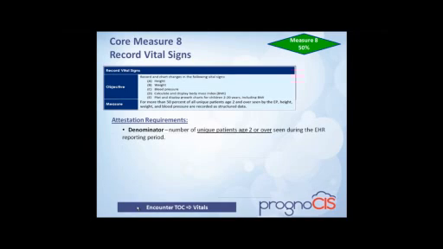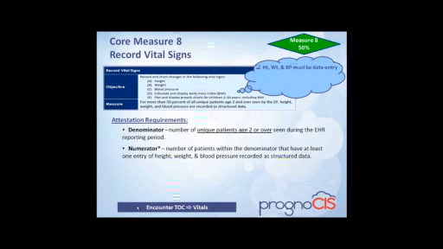So similar to our other measures, it's looking at each patient seen only once, regardless of how many visits. This is zeroing in on all of those patients regardless of number of visits, however, specifically only age 2 and over. So children under the age of 2 are not subject to having vital signs recorded.